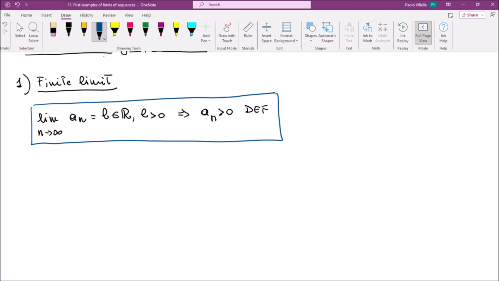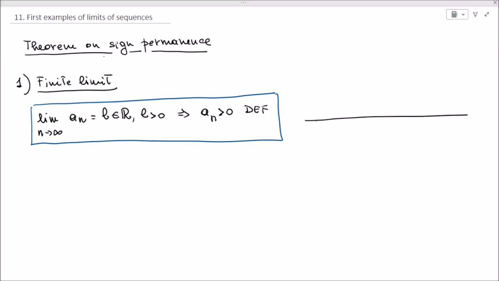A visualization of this is very easy because we can assume that this is the positive limit, the real limit of the sequence, and we want to prove now that definitively all the elements of the sequence will be closer and closer to L, so they will remain larger than 0.